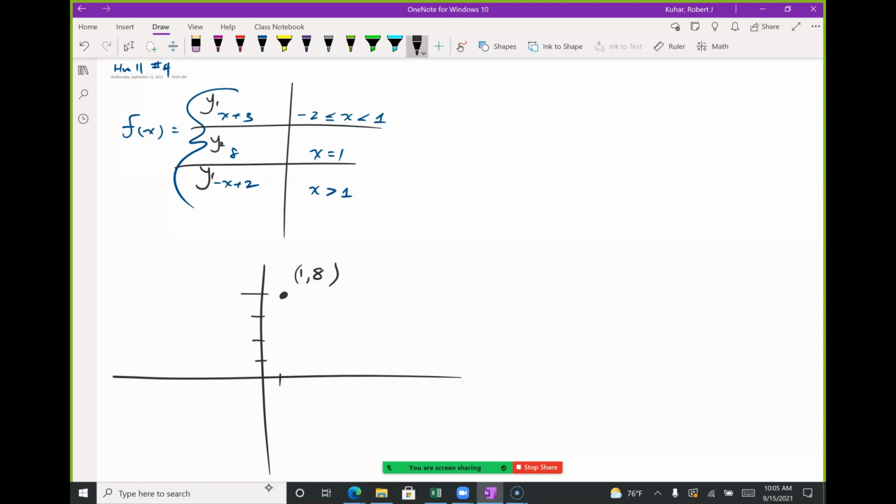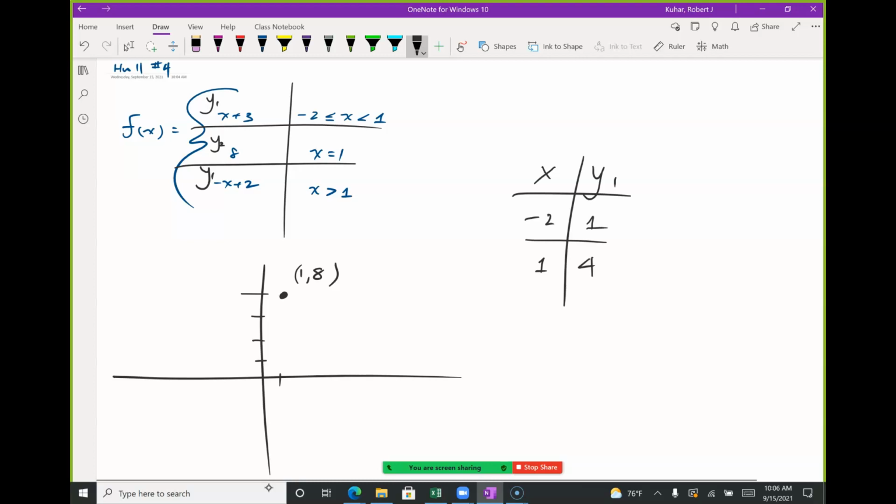For the other two curves, I just need 2 points. And it's easiest for me to use the points that are in the domain or almost in the domain. So for y1, I'm going to use -2 and 1. When I plug -2 into that first machine, I get a 1, and when I plug in 1, I get a 4.